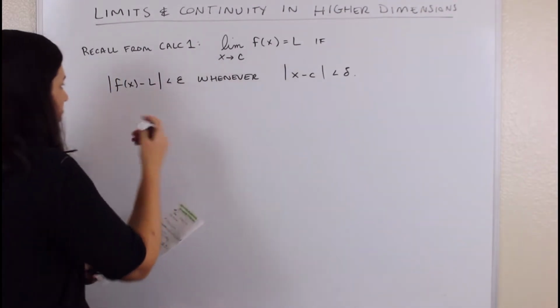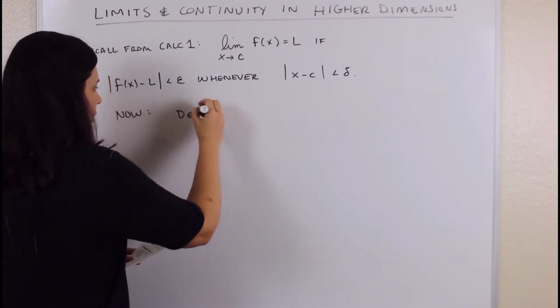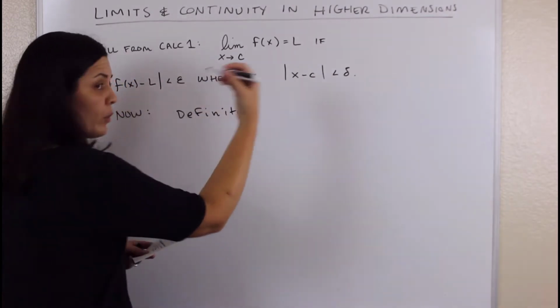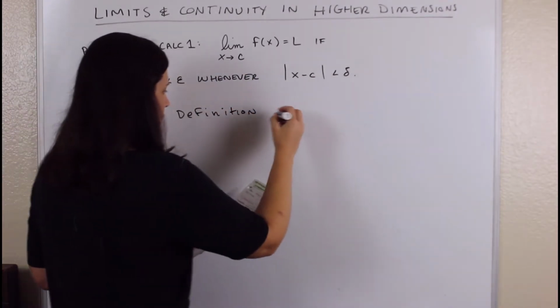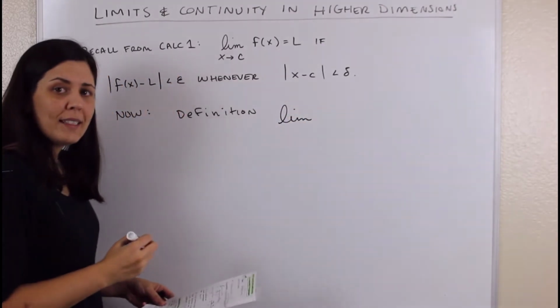And so here's our new definition for the limit of a function of two variables. This time we're going to do x and y.